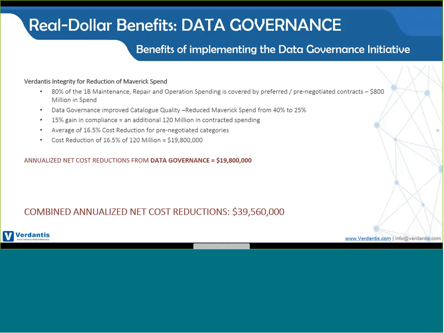Search, find, compare. So that's a 15% gain in compliance, which is an additional $120 million in contracted spending, and the average cost improvement was 16.5% by their calculations for contract versus off contract, and that led to an additional $19 million in savings.